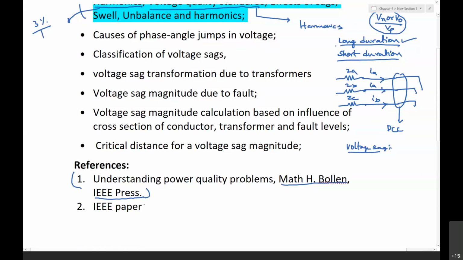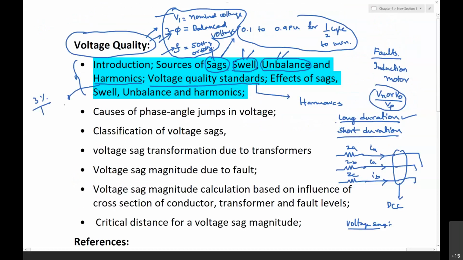In that case, whatever contents are required, I will provide the PDF, the snapshots of my textbook, and some IEEE papers also. This area we have discussed in unit 1 and unit 2. Even then, especially with respect to the voltage standards, I'll try to give an explanation in the next class also.